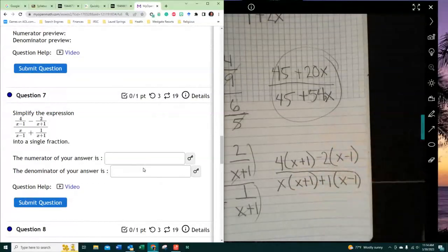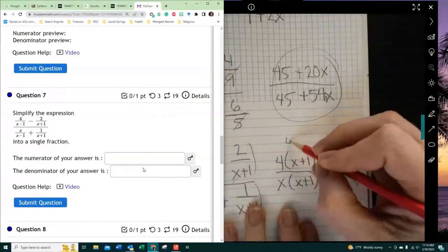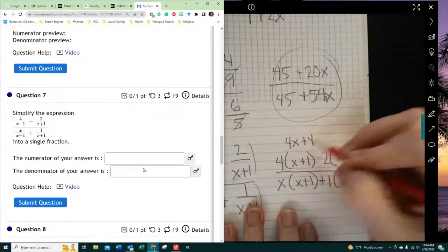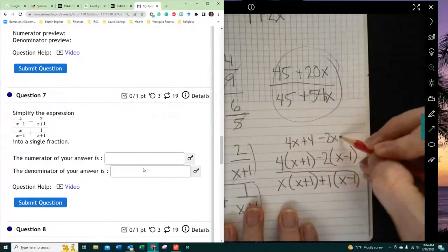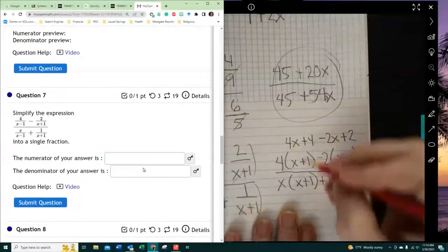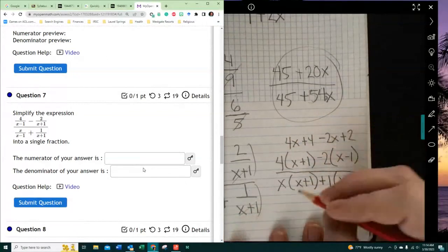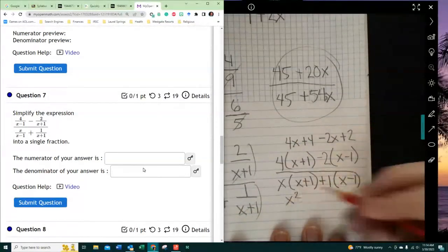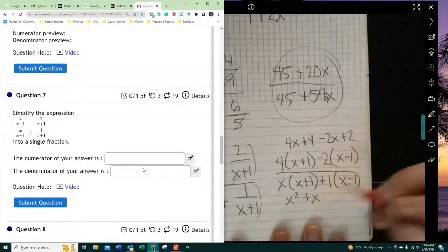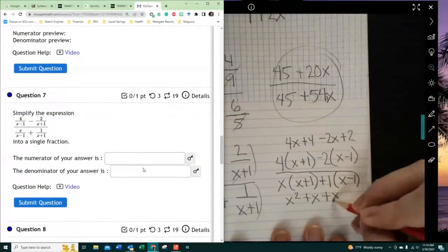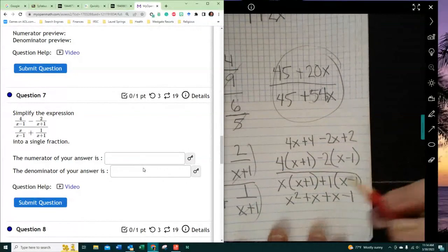So I'm going to do the distributive property and combine like terms. So I'm going to do 4x plus 4 minus 2x plus 2. That's going to be the numerator. And then I have x squared plus 1x plus 1x minus 1.